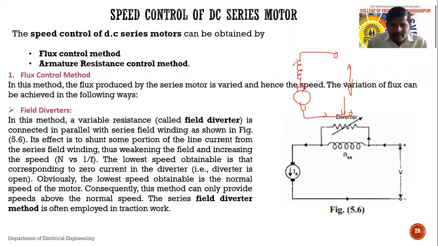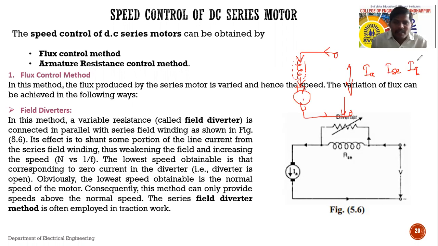See, in case of series motor, the field winding of the motor is connected in series with the armature. So the supply current, the series field winding current and the armature current, whether they are the same or different, that means IA, ISE and supply current, or we can call it the load current, whether it is the same or different in case of series motor?